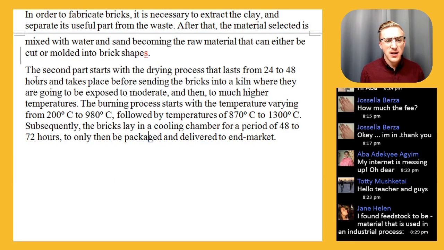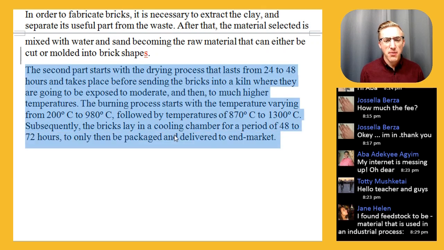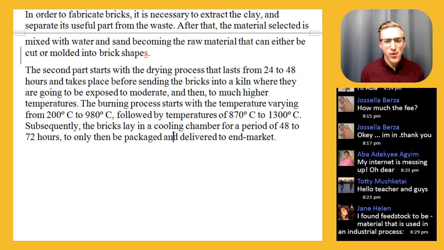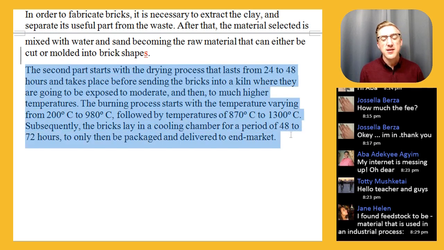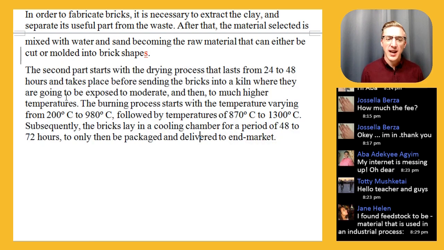And then when we get to the second paragraph, we have sort of the same problem here. You said the second part starts with, we don't really have a topic sentence that summarizes this whole paragraph. That's what's missing here, a marker for the reader, like, hey, this is what this paragraph is about. Okay?